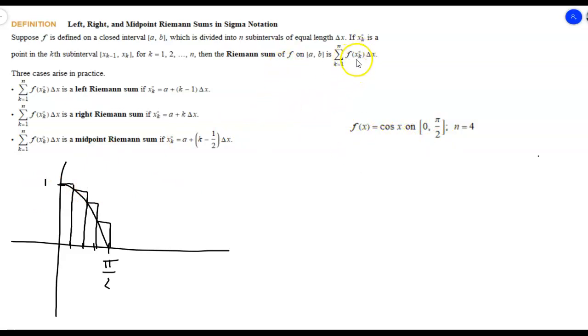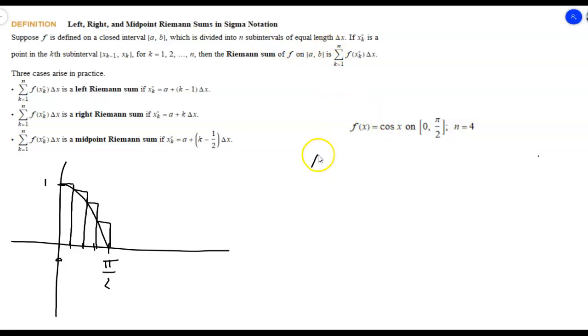So what we do is we evaluate the function at each one of these points here, starting with A, because our left side is the height. Before I do that, let's actually figure out what our delta x is.